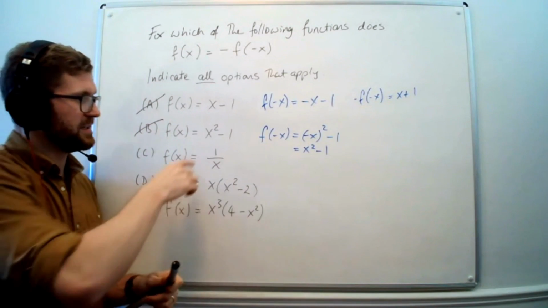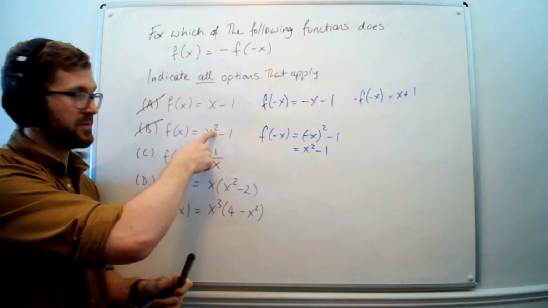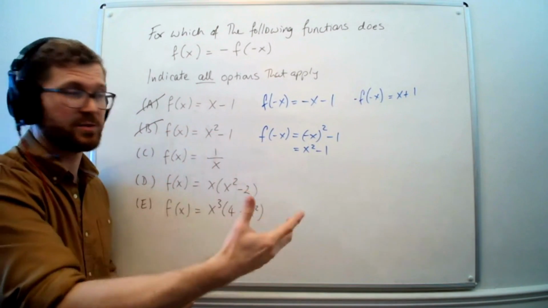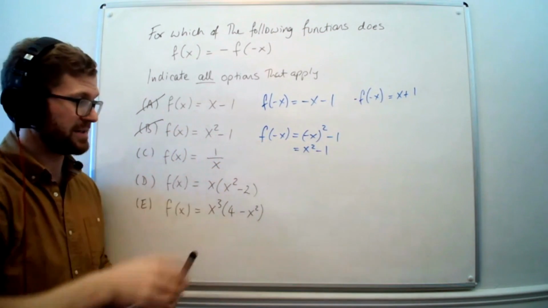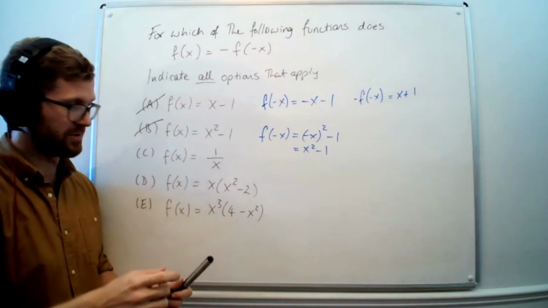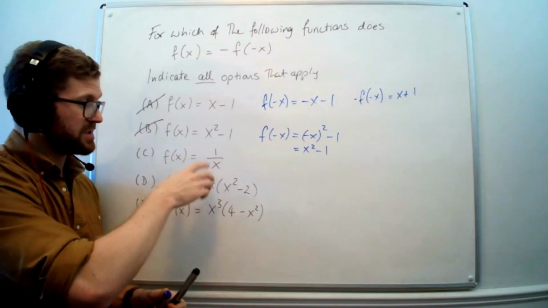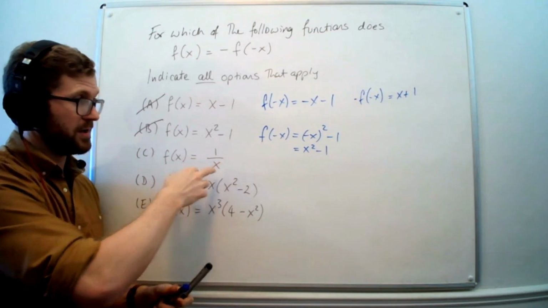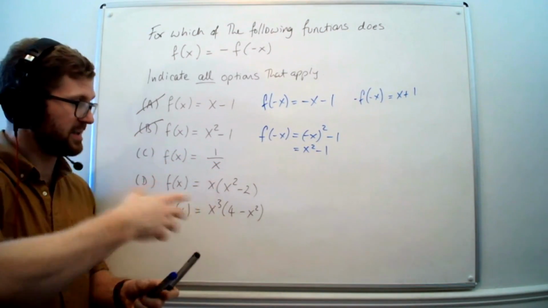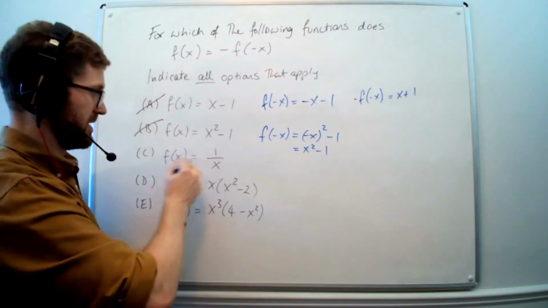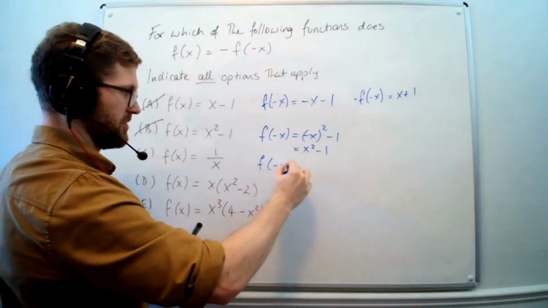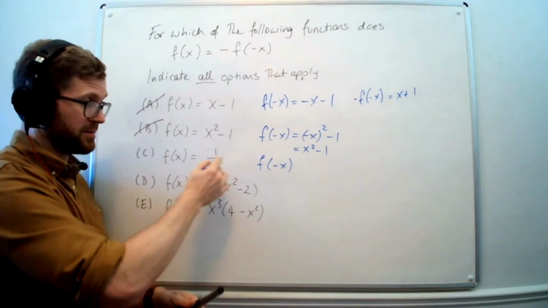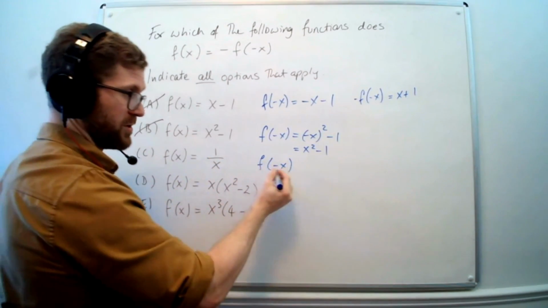But this idea that an even-powered value is just going to equal x when I put negative x in, that's going to save us some time later on when we get down to the bottom here. And we can say the opposite. An odd power, if I put negative x in, is going to equal negative x. As the example here, if I put f of minus x into C, again, replace the x with what's inside the parentheses.